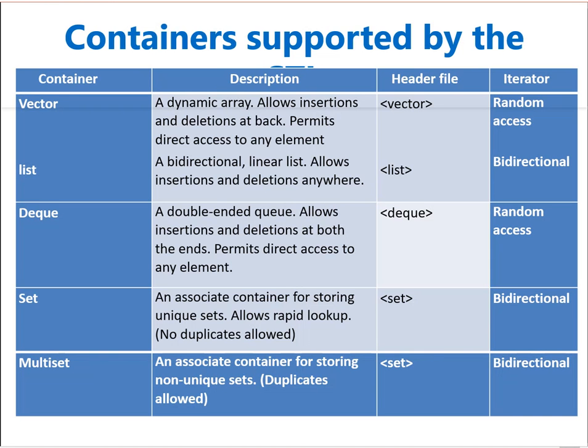All functionality related to the set, such as union, symmetric difference, and so on, is defined in the set.h header file. For manipulation of data in a set, we can use the bidirectional iterator. Multiset is a type of associative container. The only difference between set and multiset is that here duplication is allowed and all other functionality is the same.